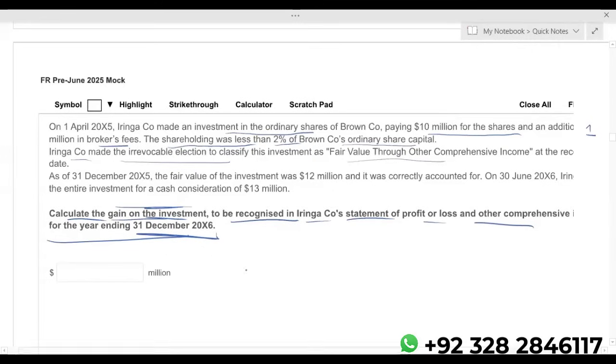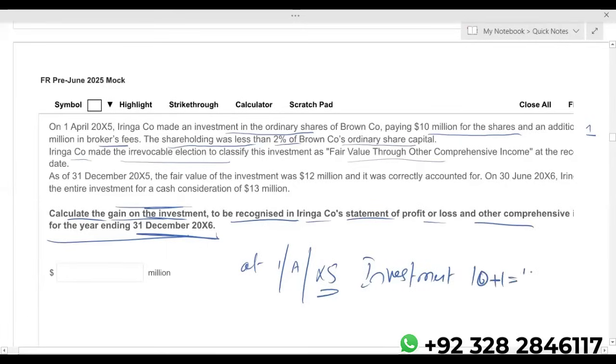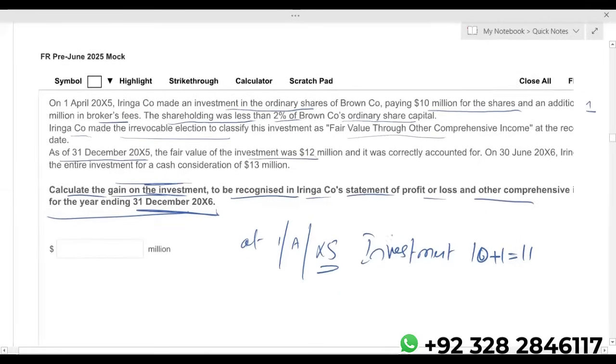It means at 1st April X5, logically your investment value is 10 plus 1, it is 11 million. In case of fair value through P&L, we expense out the transaction cost, otherwise we capitalize. As at December X5, the fair value of the investment was 12 million.